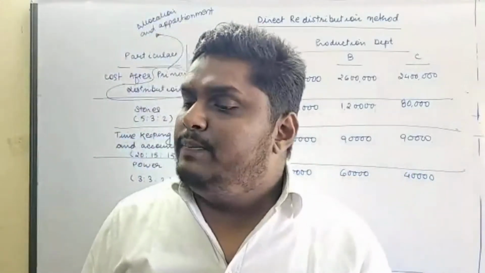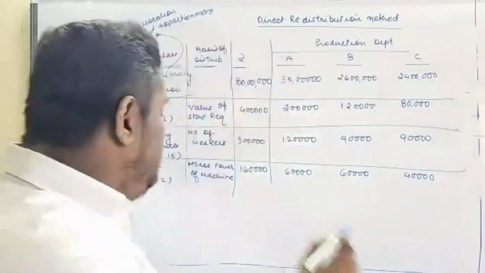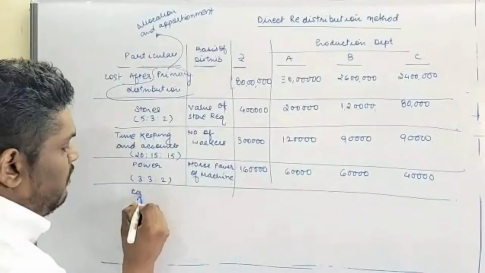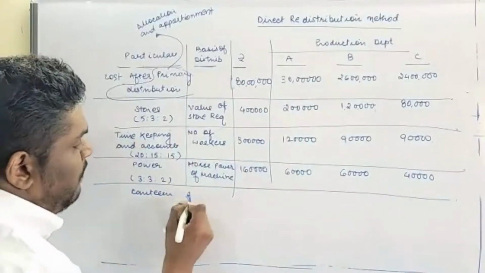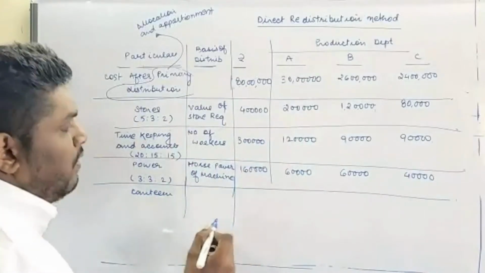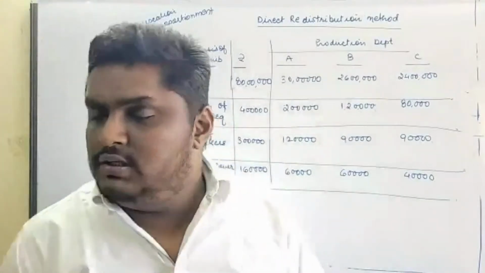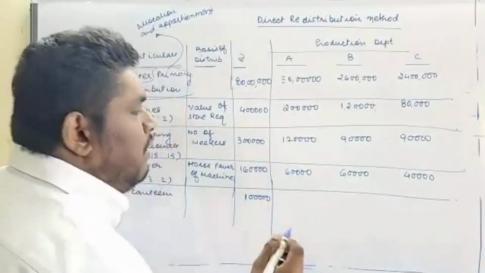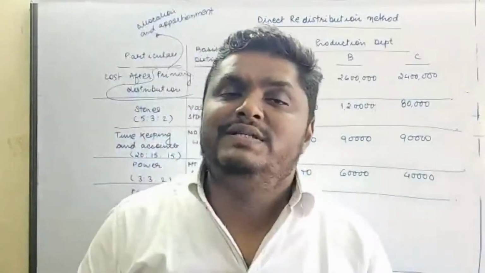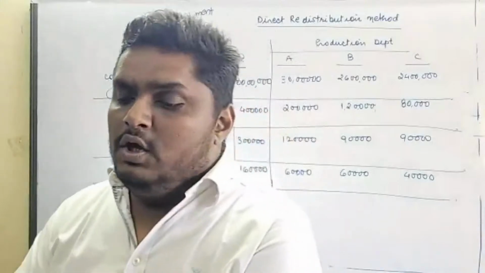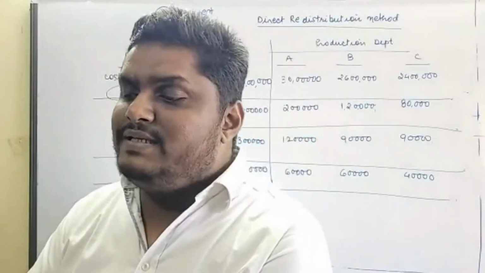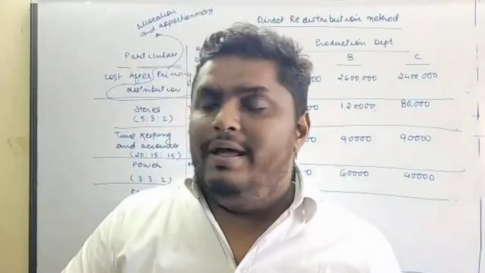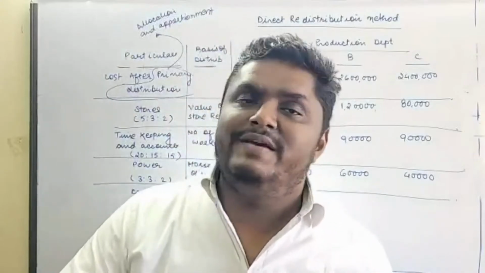Thereafter, the next service department is the canteen department, and the total cost is 1 lakh. Now guys, these canteen services are used by the workers. So this is the best basis for reapportionment. Else there is no other option given in the question.